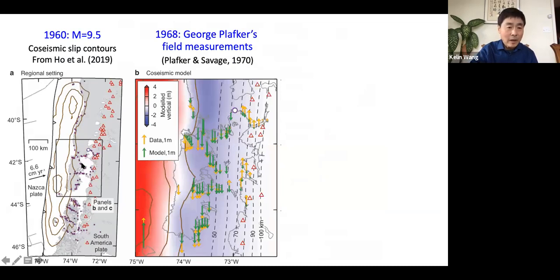These purple dots show George Plafker's field sites for these observations. The most intriguing is in this area, again near the volcanic arc, which shows up to a meter of uplift. At that time, that was interpreted to be coseismic uplift, because there was no such concept as postseismic deformation in those early days.